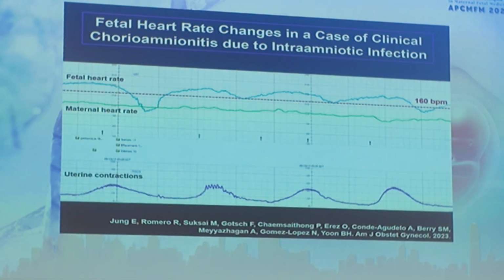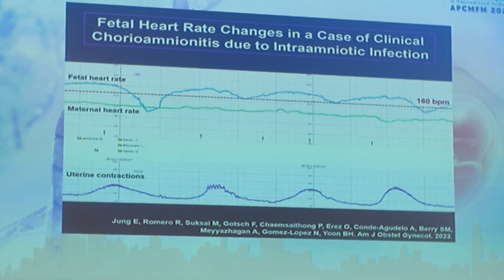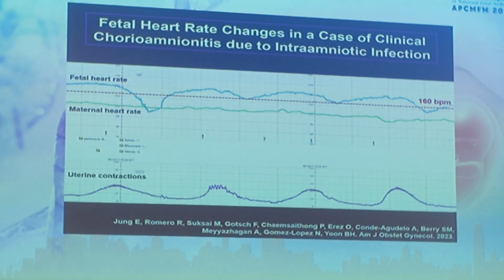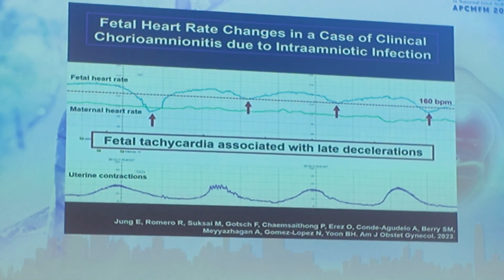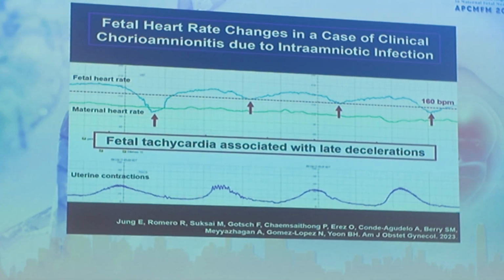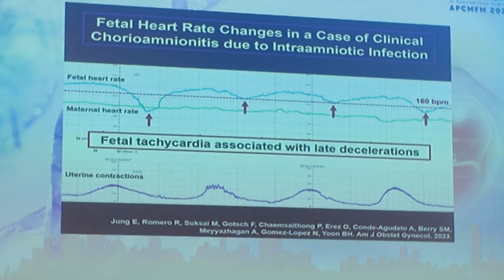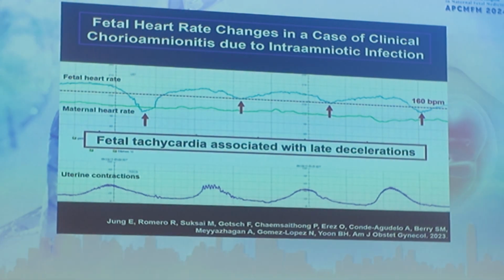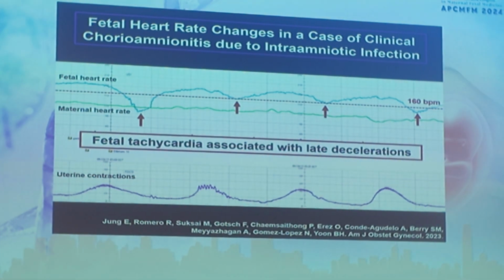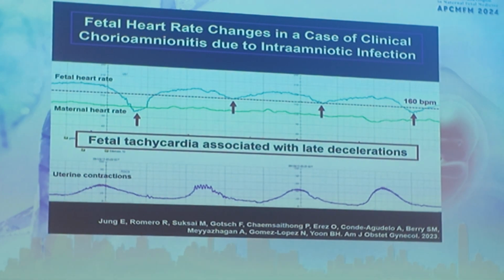Here are the contractions, and you can see repeated late decelerations after the apex of the contraction. This is not due to uteroplacental insufficiency. In most cases, with clinical chorioamnionitis at term, there is a normal umbilical artery pH.